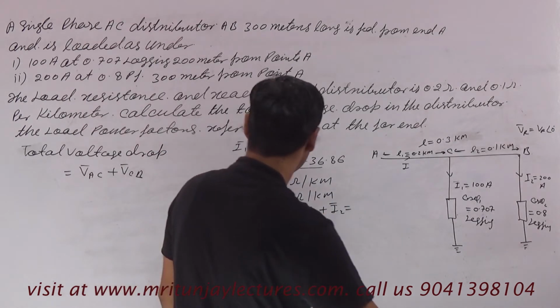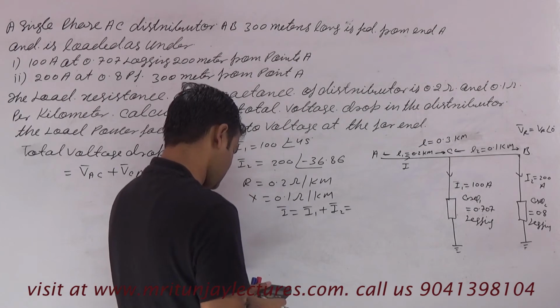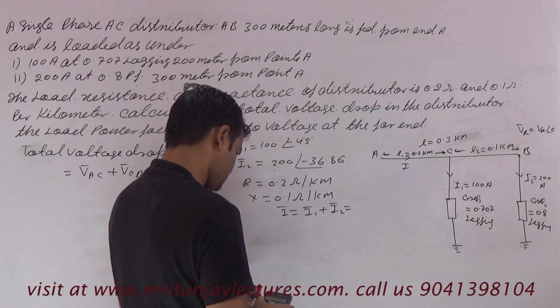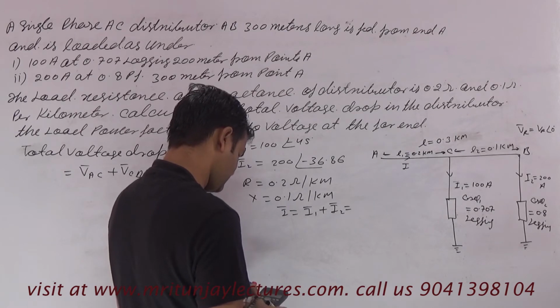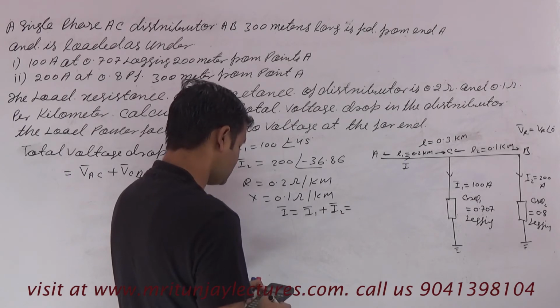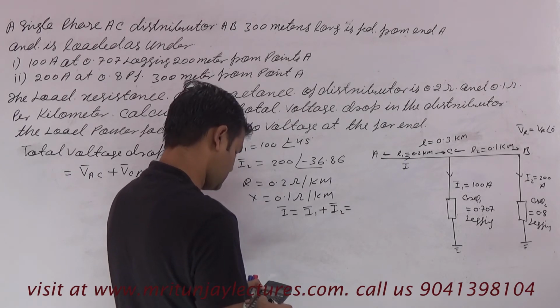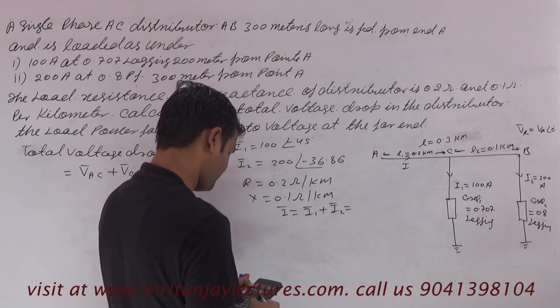I1 plus I2 is 100 at the angle minus 45 plus 200 at the angle minus 36.86.